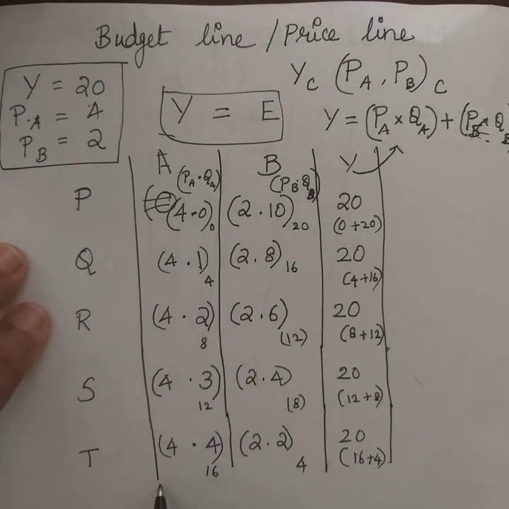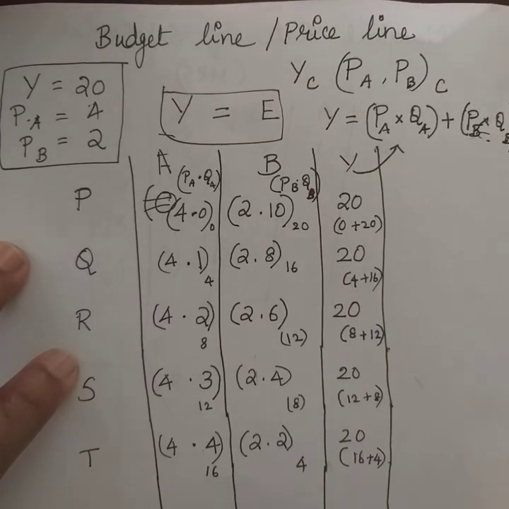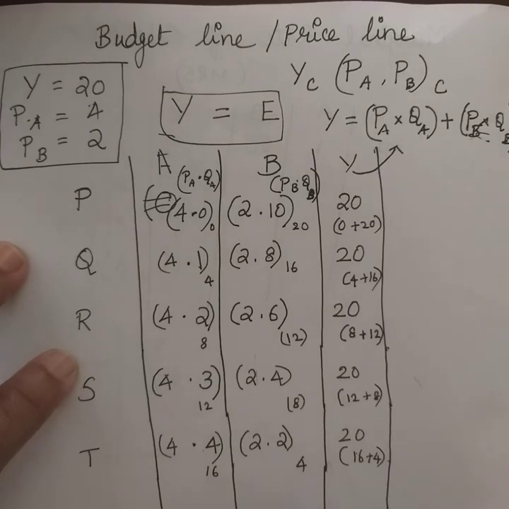The last one, or the extreme case, where nothing of the other commodity is consumed. So that is what we are going to arrive at now. Combination U. At 4 rupees, this commodity, let's say 5 units are going to be purchased. 5 into 4, that is 20.